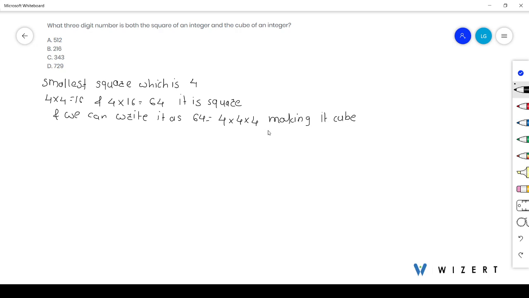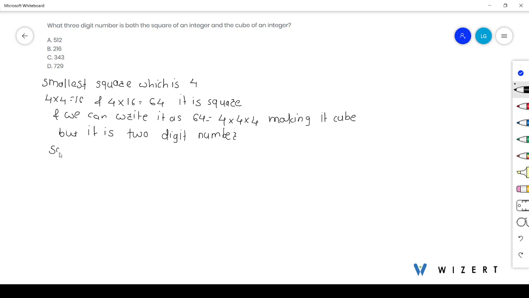So 64 is both square and cube, but it is a two-digit number. Here we have to find a three-digit number, which is both cube and square of an integer.